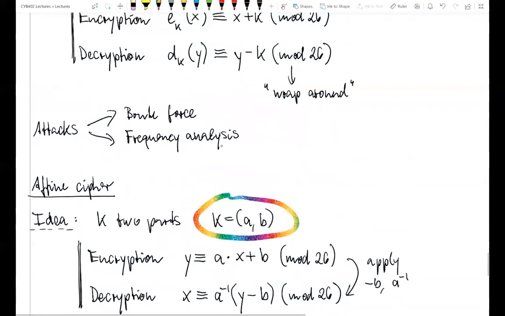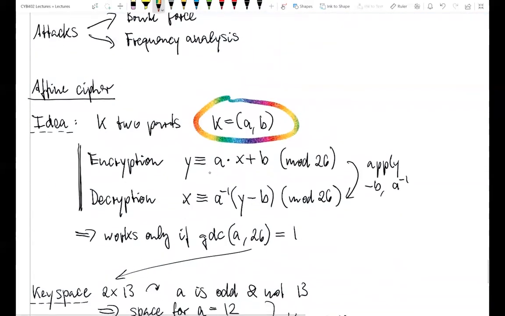So we multiply x with a, and then we shift, and we do the whole thing modulo 26.